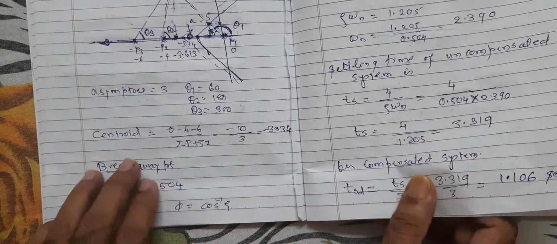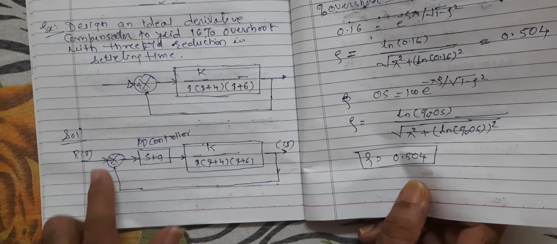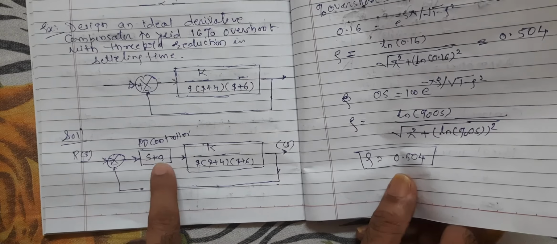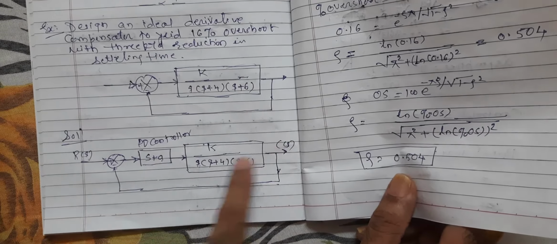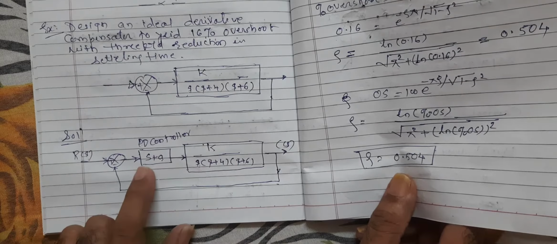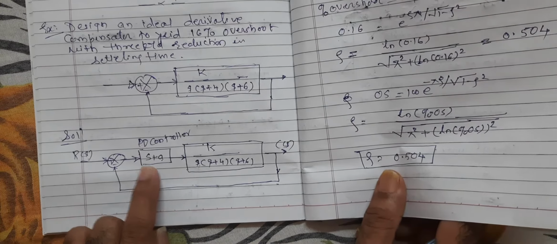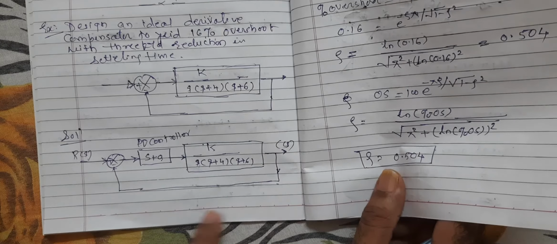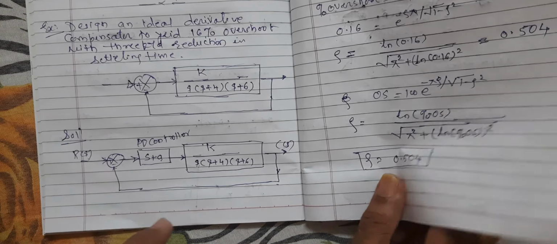Or otherwise, if we solve this one, then s plus a and this are in cascade, so we can directly multiply: K into (s plus a), divided by s into (s plus 4) into (s plus 6), and my feedback is 1.